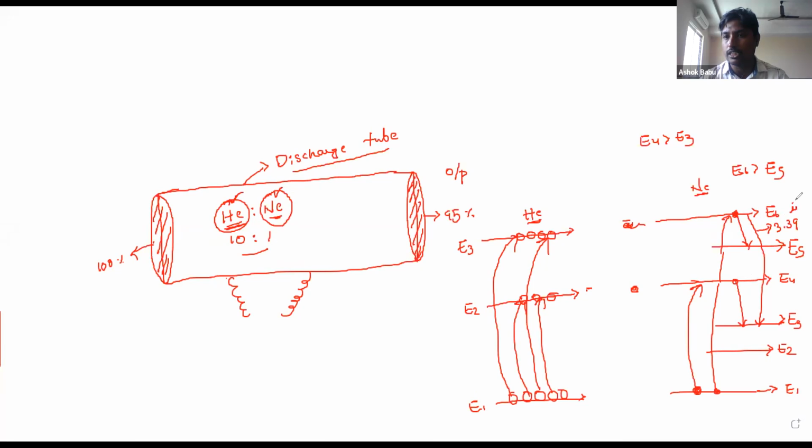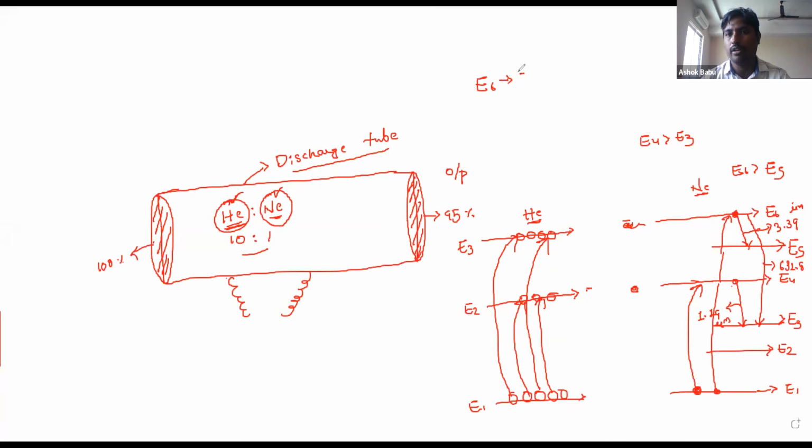The major transition, between E6 and E3, is 632.8. The third transition, E4 to E3, is 1.19 micrometers of wavelength.